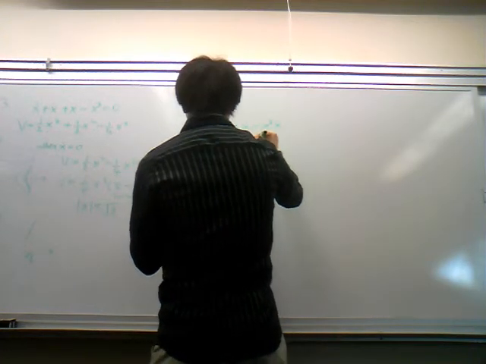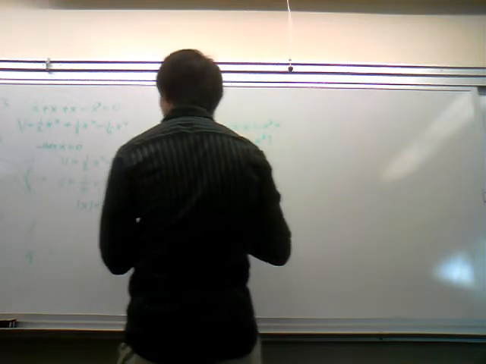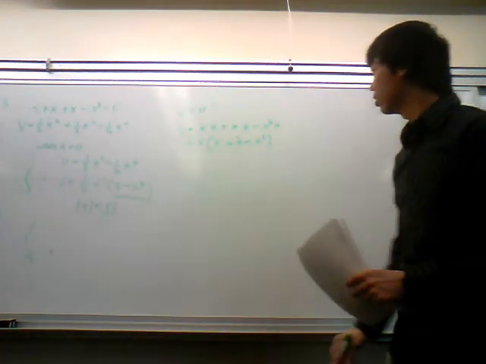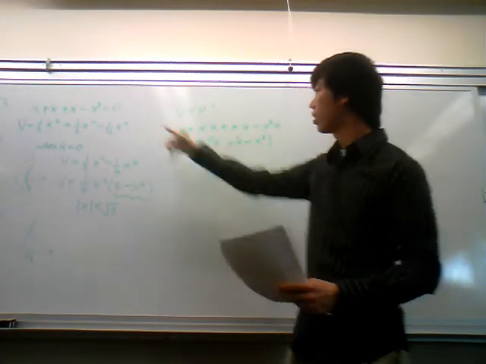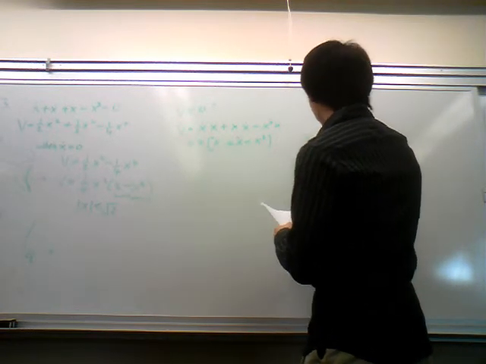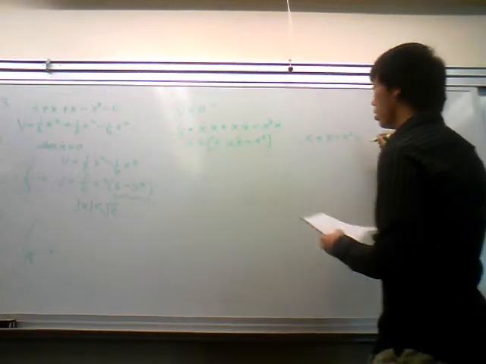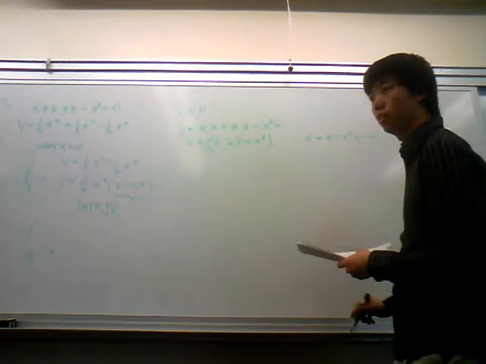Times x double dot plus x minus x cubed. But this is like the equation we have: x double dot plus x minus x cubed is actually negative x dot.